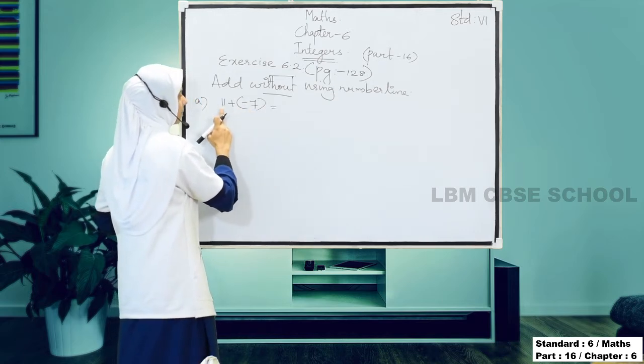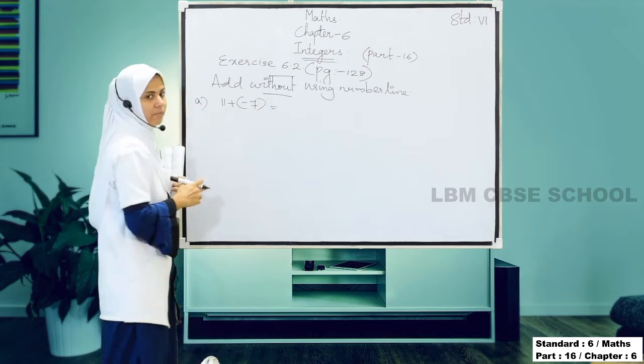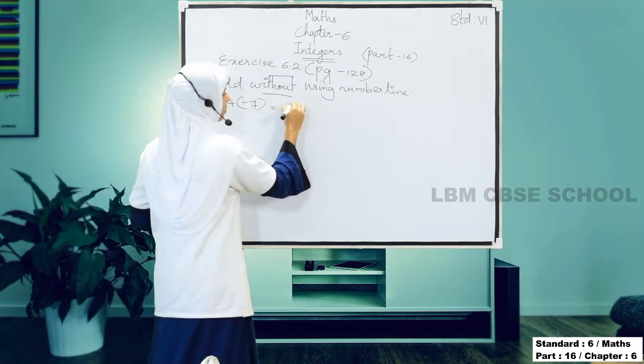When we subtract 7 from 11, we will get the answer 4.